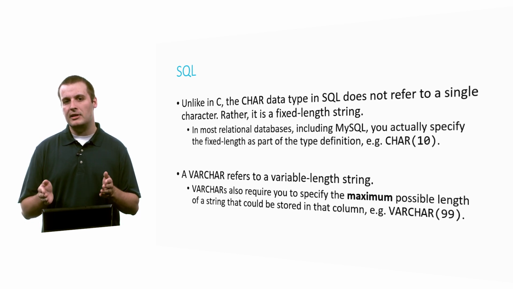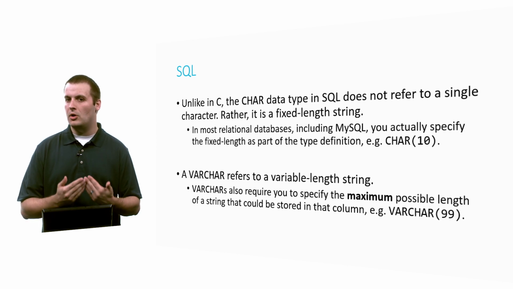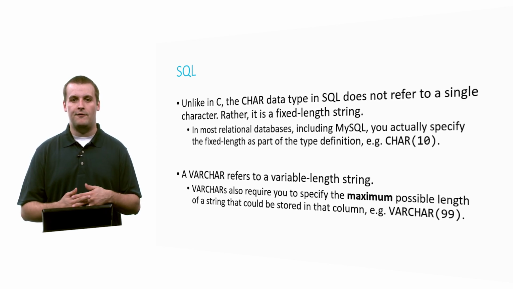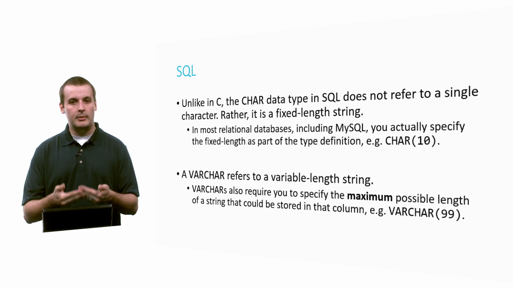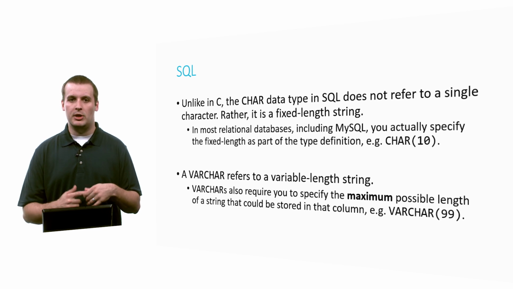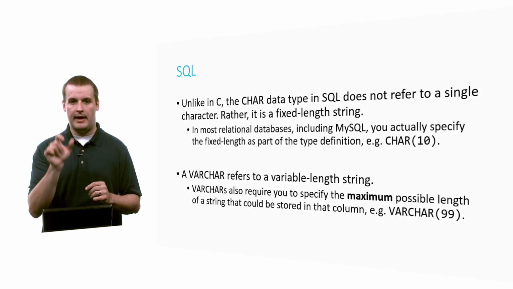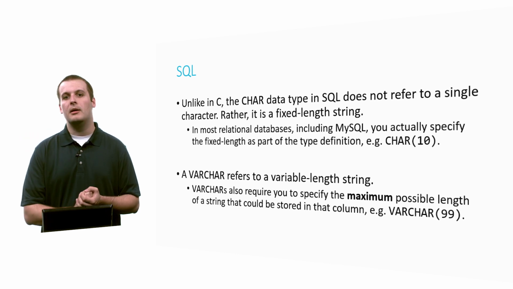That means that every element of that column will consist of 10 bytes of information. No more, no less. So if we try and put in a 15-character value into this column, we're only going to get the first 10. If we put in a 2-character long value, we're going to have the 2 characters and then 8 null bytes. We'll never be more efficient than that.